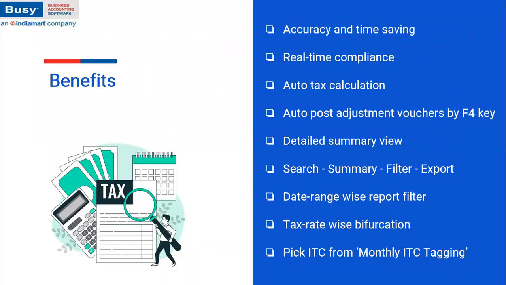You can also update the claimed period, that is, in which month this particular invoice value is going to be claimed on the GST side, so you can update it yourself. That is called monthly ITC tagging. If you do monthly ITC tagging in the software, that data will be considered at your GST input output adjustment time. That is why we give an option called pick ITC from monthly ITC tagging.